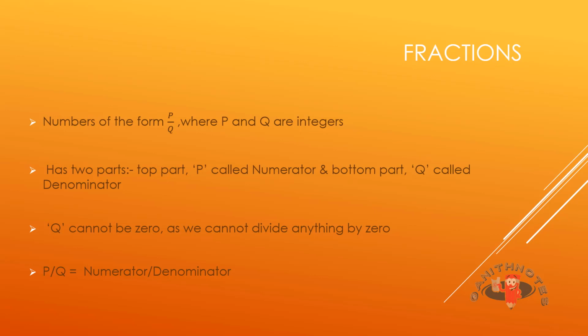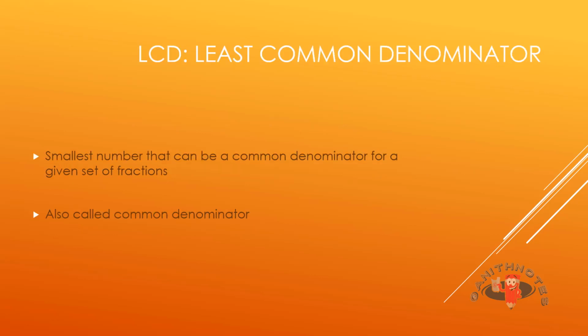Okay, so we'll move on to the topic for today's discussion, LCD, which is least common denominator. As the name suggests, it is the least denominator value which is common to a set of fractions that is in question.